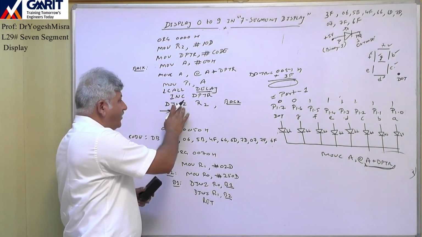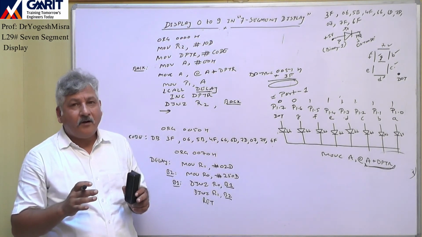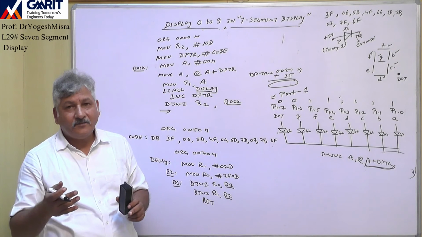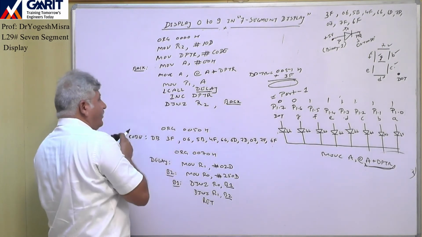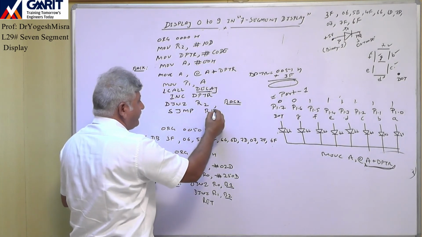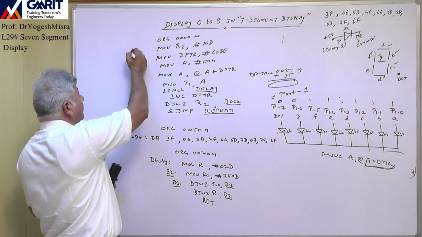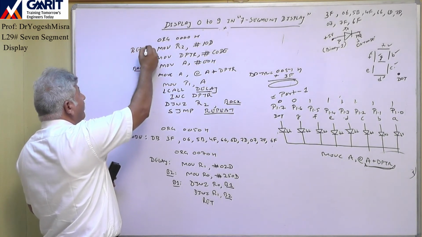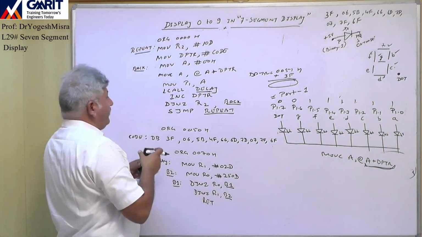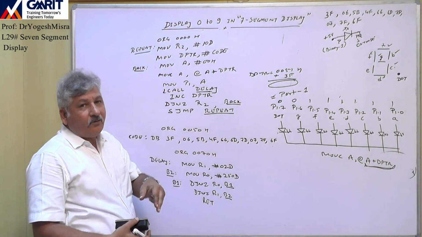And now once we have come out from the loop, meaning once we have displayed numbers from 0 to 9, again we have to continue this process. So for this, I will write the instruction JMP repeat. And I will go to here, repeat. Because by DJNZ R2, the value of R2 has become 0.